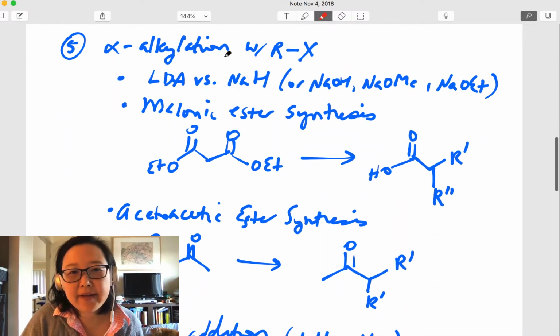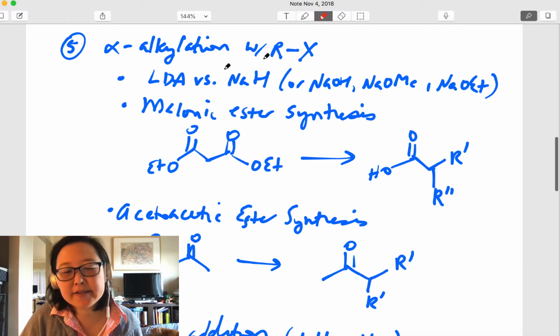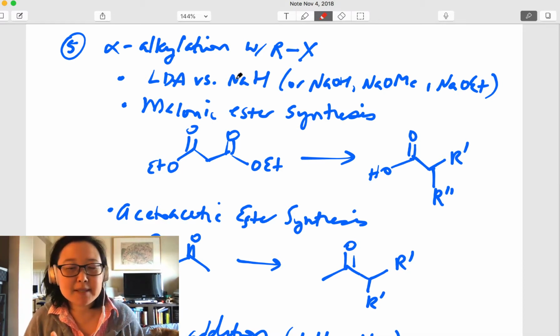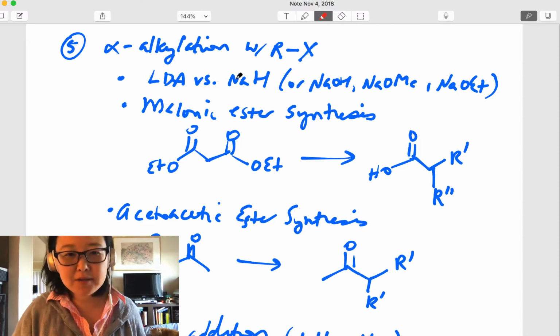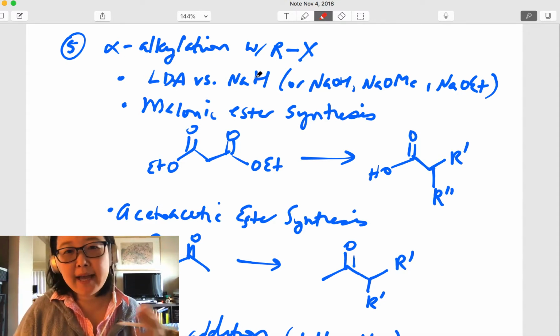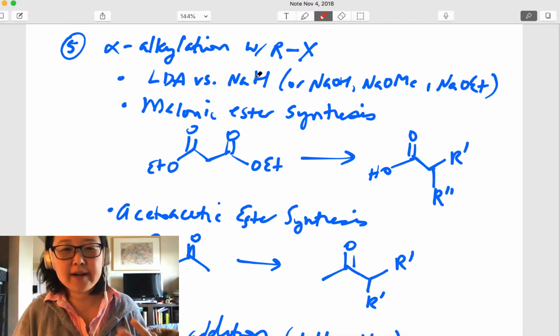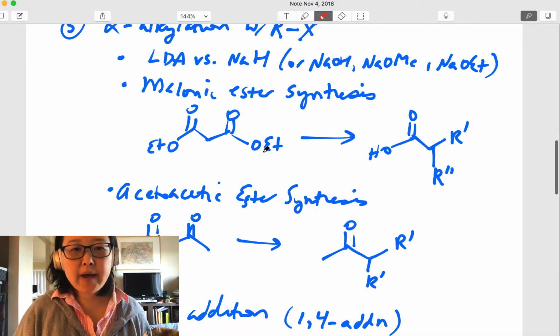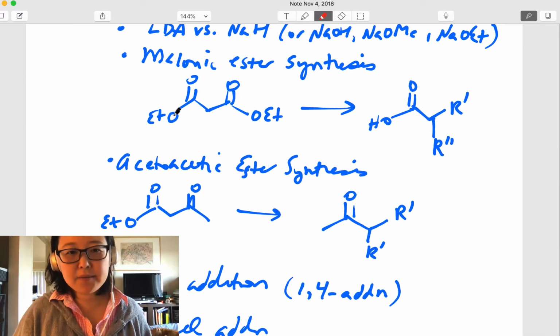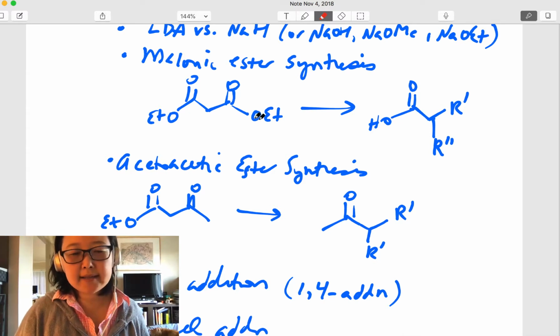Same thing with alpha alkylation using alkyl halide. You just need to make an enolate, but sometimes it matters whether you make the enolate at the more substituted or less substituted carbon. So that's what LDA versus LAH is for. So make sure you know about the kinetic versus the thermodynamic enolate and when to use each one. We also have the malonic ester synthesis, which is where we use a malonic ester like diethyl malonate here.